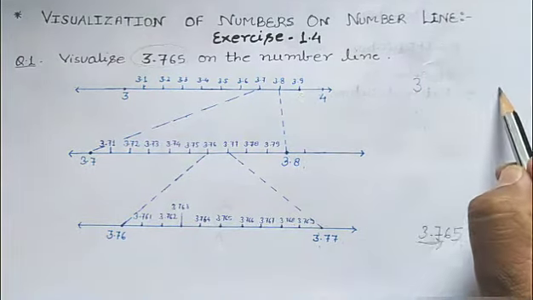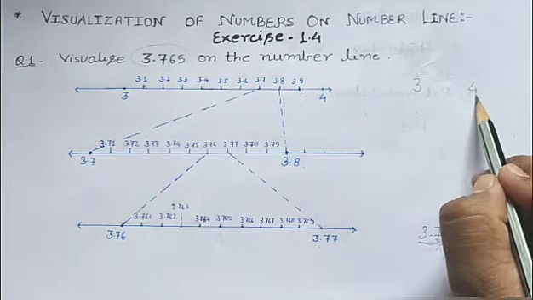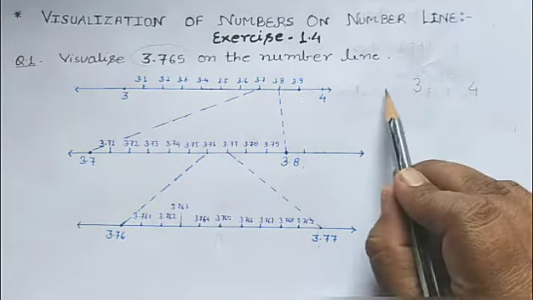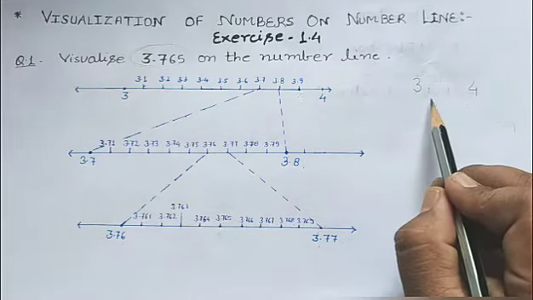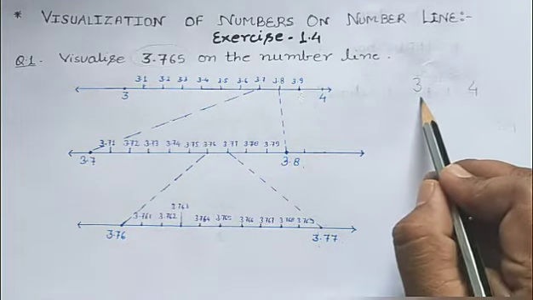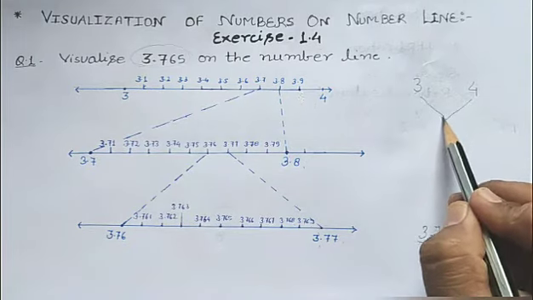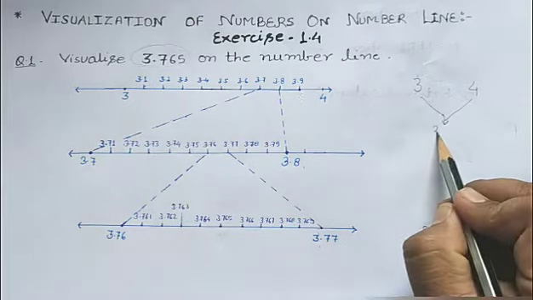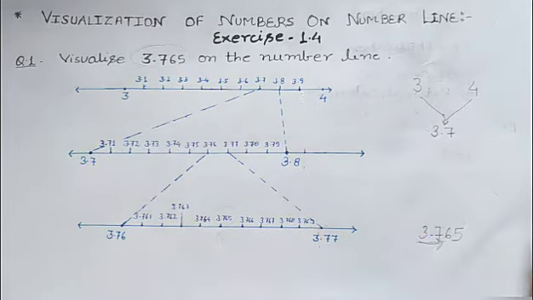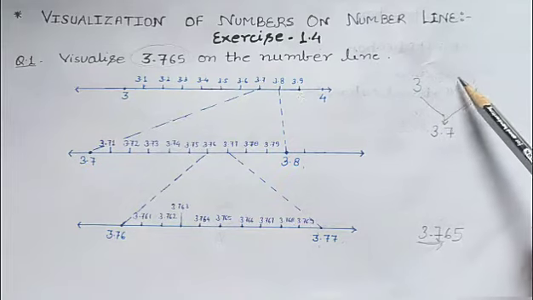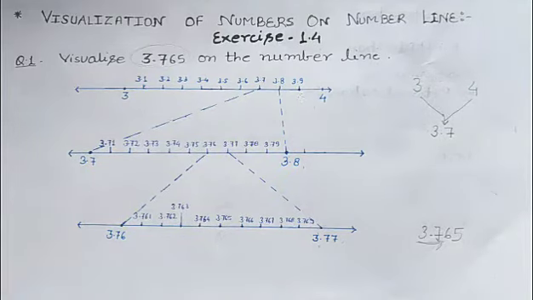Suppose on the number line the numbers are 3 and 4. If we divide in between 3 and 4, easily we can get 3.7, because in between 3 and 4, 3.1, 3.2, 3.3, all the numbers will be there.